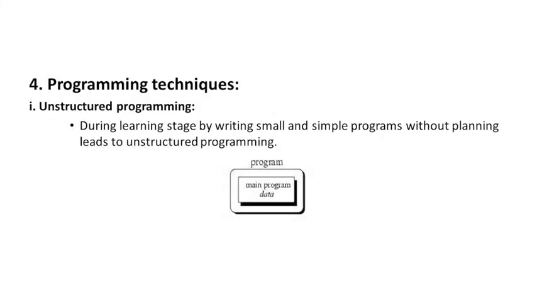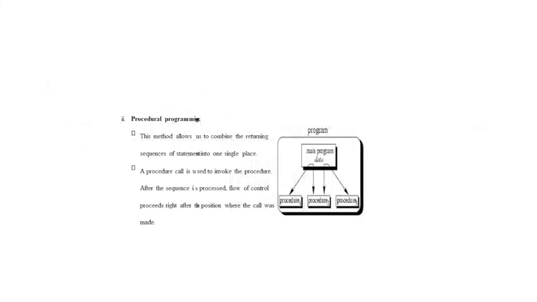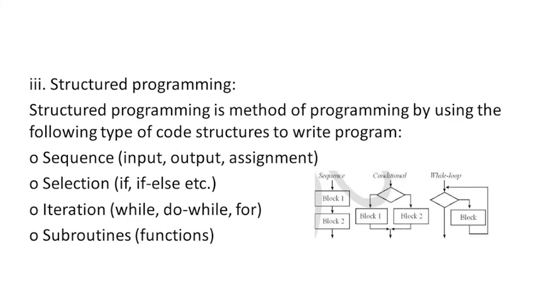Programming techniques. Unstructured program. Writing small and simple programs without planning during the learning stage leads to unstructured programs. Procedural programming. This method allows us to combine the repeating sequence of statements into one single place. Structured program.